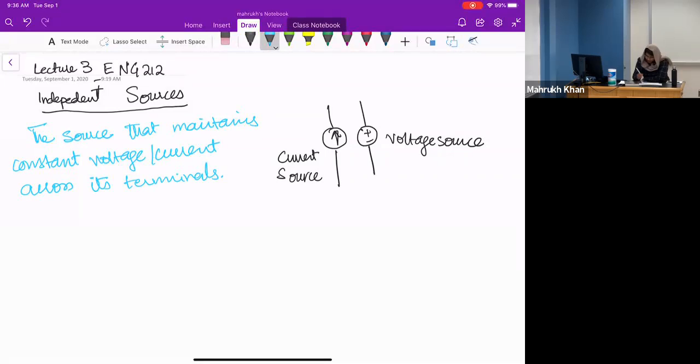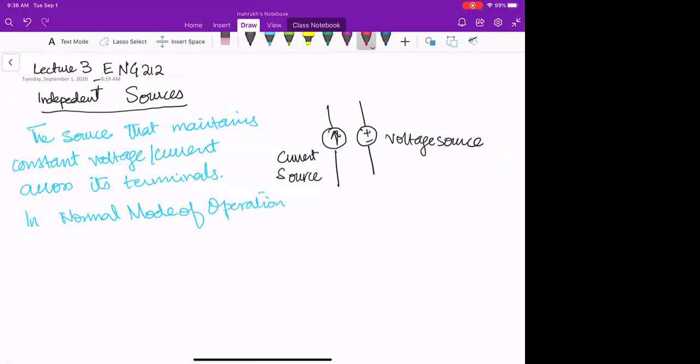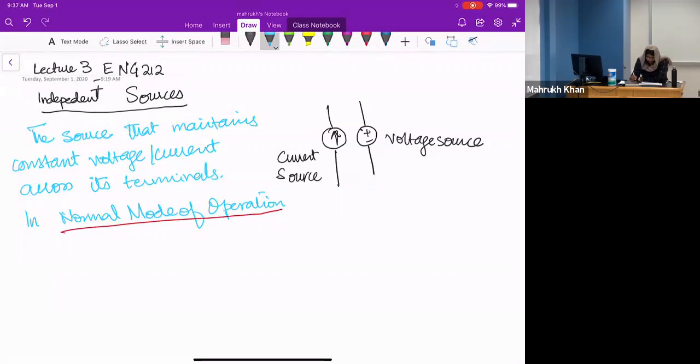But in normal mode of operation, independent source supplies power, current, voltage, whatever it is supposed to do to the remainder of the circuit.